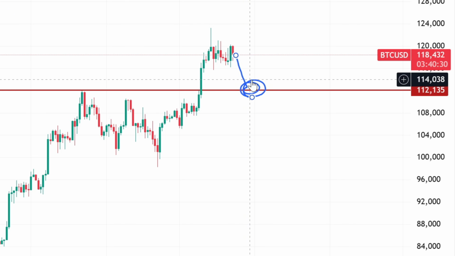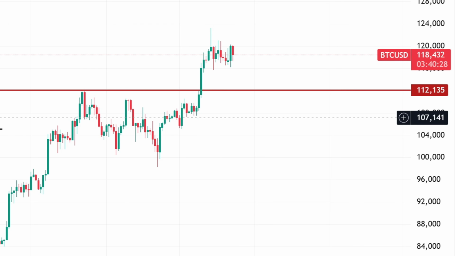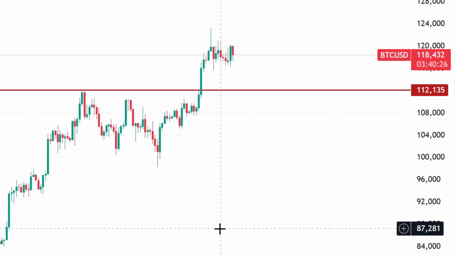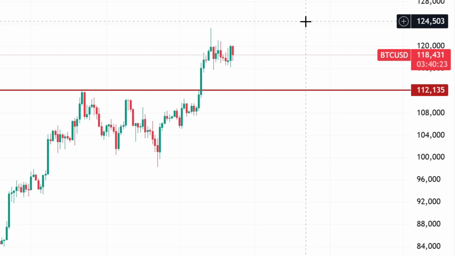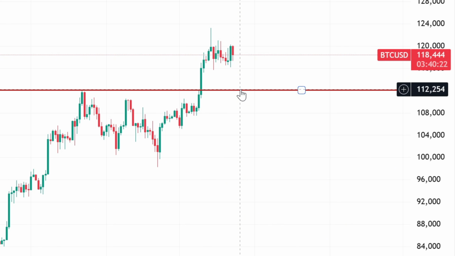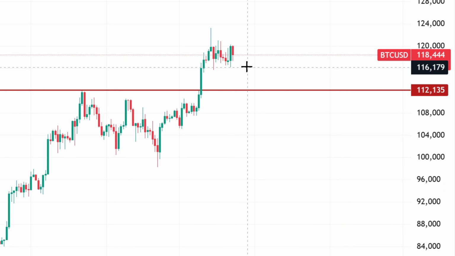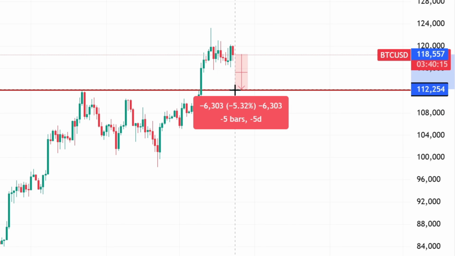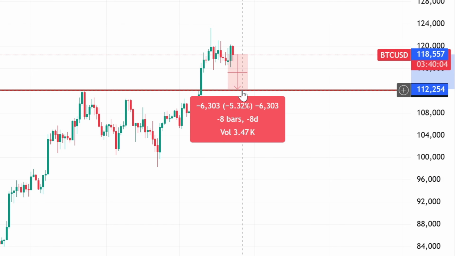And that is why, if we just see a normal correction, so nothing dramatic, just a normal correction of Bitcoin doing the retest of the recent breakout level, that means that in Bitcoin we are dropping, let's say, 5 to 6%. This would be a retest of the old all-time high.